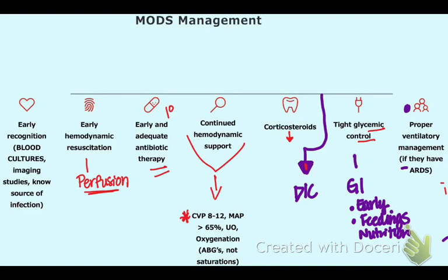Infection can cause it, gram-negative bacteria, viral. There are a lot of different things that can cause DIC. So regardless, we have to treat that underlying cause, and it's important to know your labs with this and to know the treatment for DIC. I just wanted to throw that in there because sometimes with multiple organ failure, we will see those irregular labs.